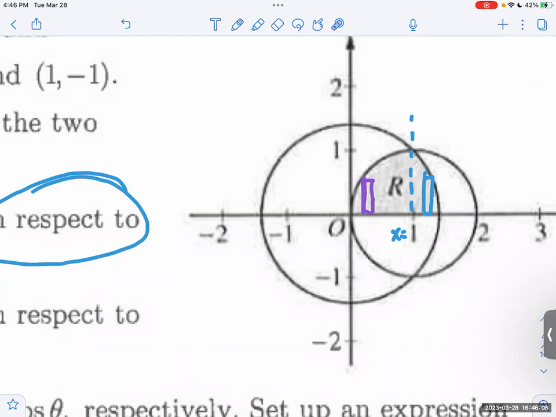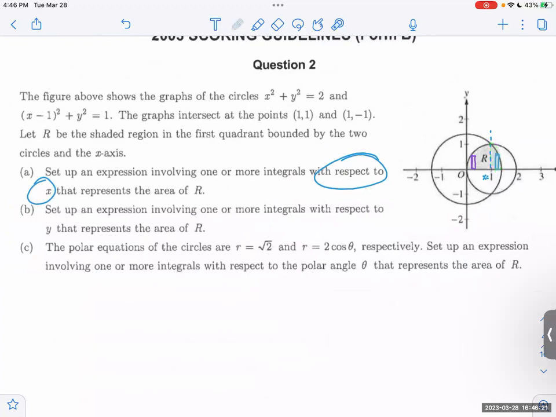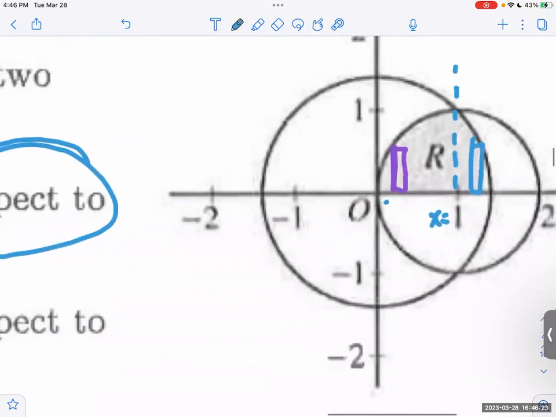requires the use of two different equations. So for this section right here, you need this part of the circle, whereas over on this side, you need this side of the circle. So the equation is in terms of x because the width is x.